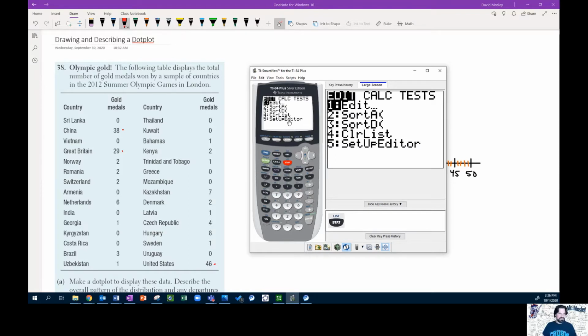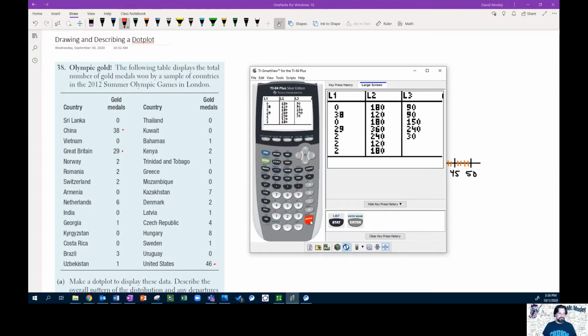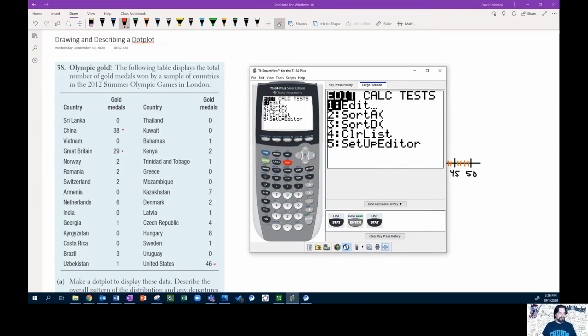So I'll hit stat and go to edit. These numbers are already input into list 1, this first list right here. To order my list from smallest to largest, I need to go to stat. And where it says sort A, that's ascending order from smallest to largest. So we'll click down 1, hit enter.